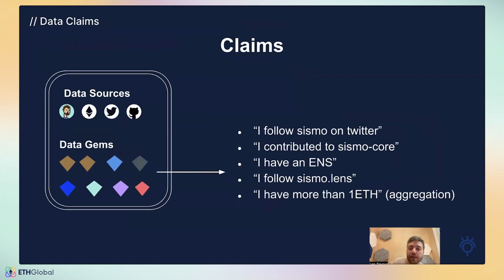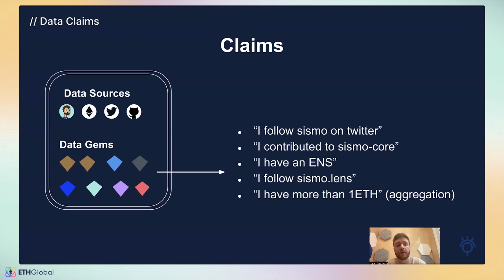So data claims, what is it? A claim is like, for instance, I follow Sismo on Twitter. I have contributed to the Sismo core organization on GitHub. I have an ENS. I follow Sismo.lens on Lenster, Lens protocol. And I have more than one Ether. So for instance, the aggregation.